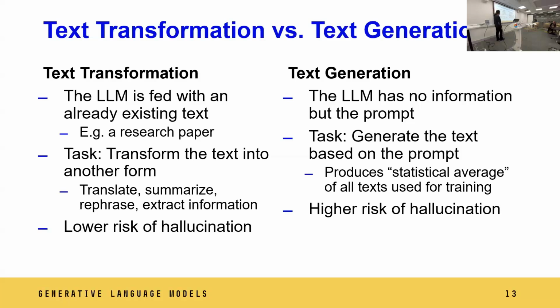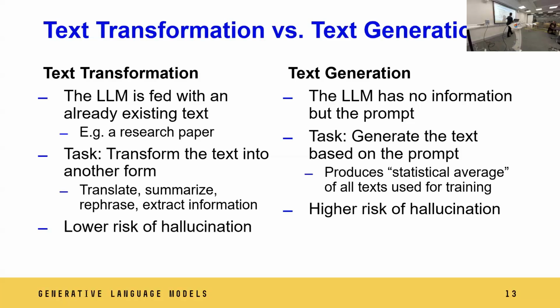So the language model is fed with already existing text, a research paper, or our paragraphs that we just want to reframe. And the task is to transform the text into another form: translation, summarization, and so on. Here, the risk of hallucination is quite low because it just works with our text that we have provided.